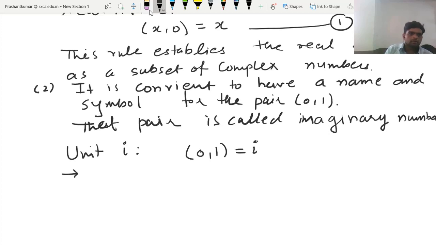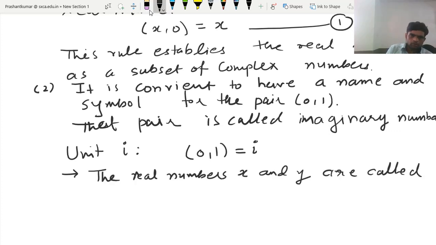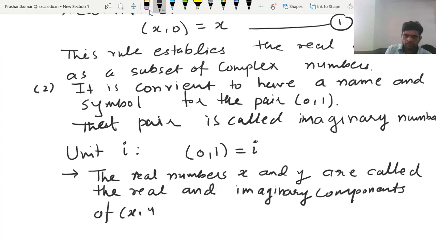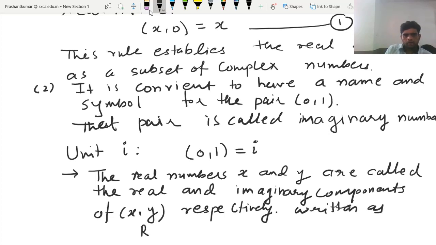Further, the real numbers x and y are called the real and imaginary components of z respectively, and written as real part, Re(z) equal to x, and Im(z) equal to y.